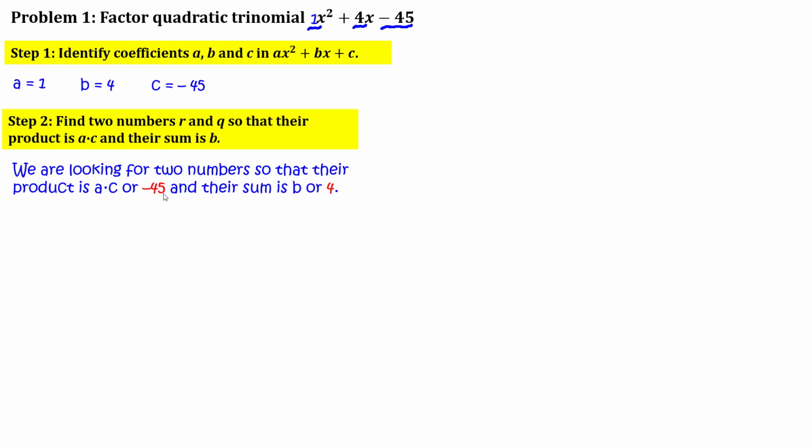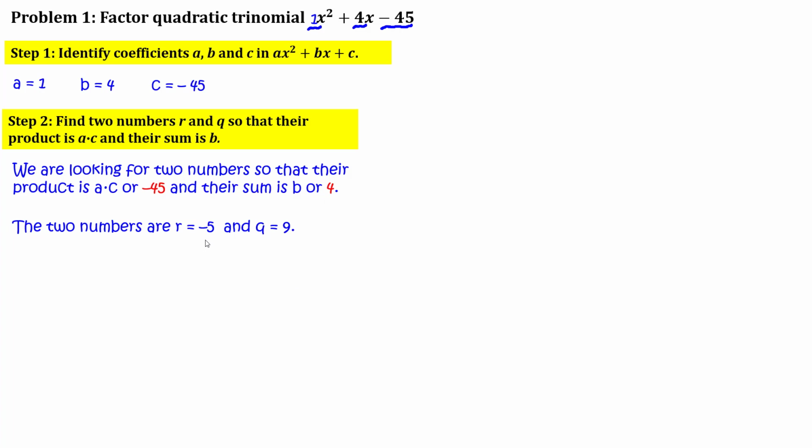Negative 9 times 5 is negative 45, and positive 9 times negative 5 is negative 45 as well. But you need the signs to be in a way so that when you add them, you get 4. So if you do a little guess and check, trial and error, you get that one of the numbers is negative 5, another of the numbers is 9. Negative 5 times 9 is negative 45. Negative 5 plus 9 is B, or 4.